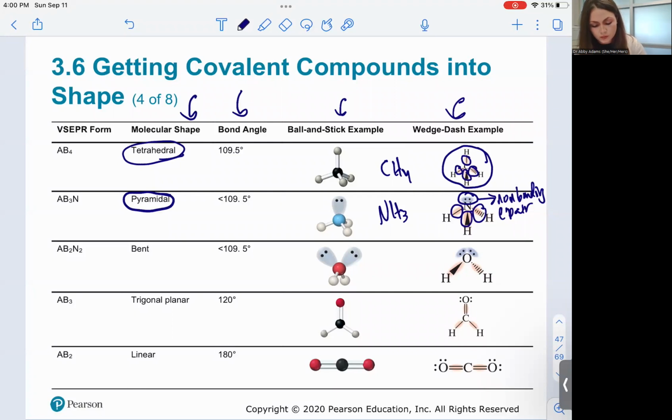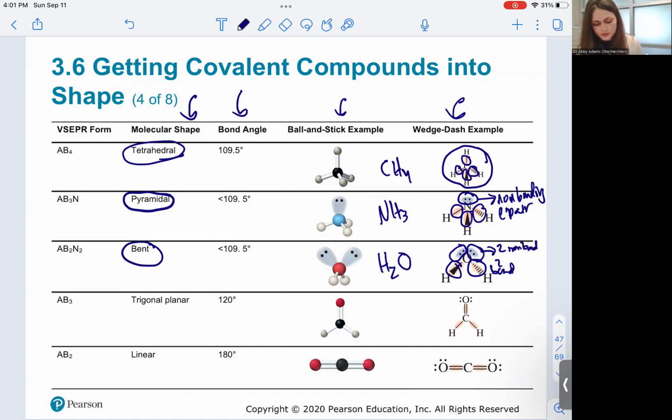Okay, so bent shape. All right, so let's say you have H2O. Well, this oxygen, if you draw out your Lewis structures, you're going to have 2 lone pairs. So those are going to really push those hydrogens down. And then you're going to have a structure that's called bent. So you have 2 areas of electron density that are bonding and 2 areas of electron density that are non-bonding.